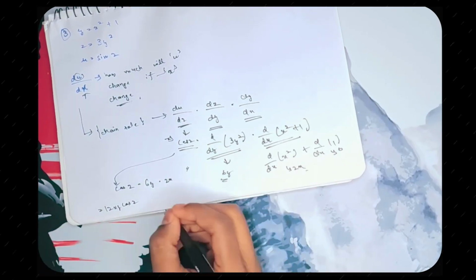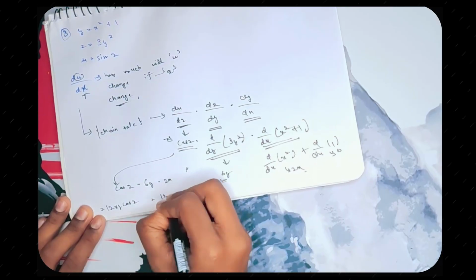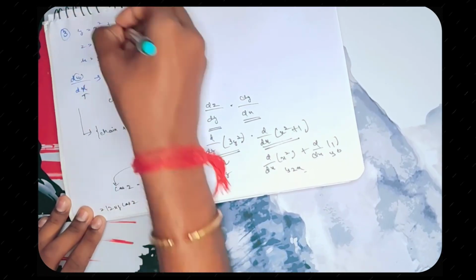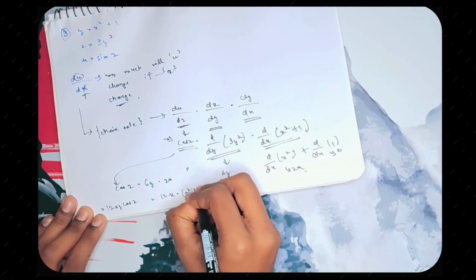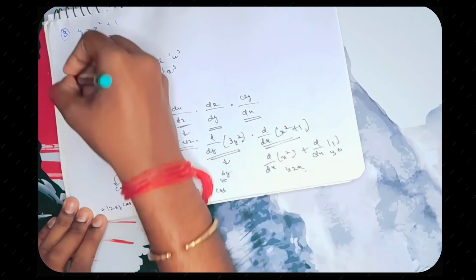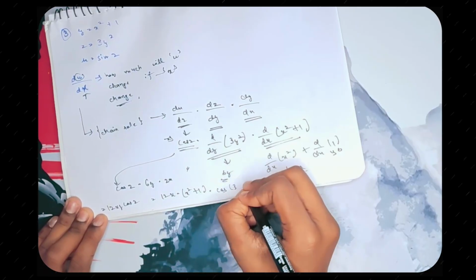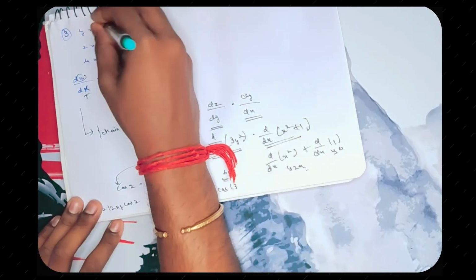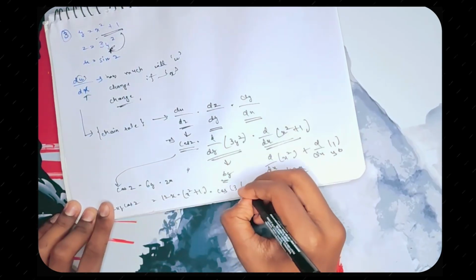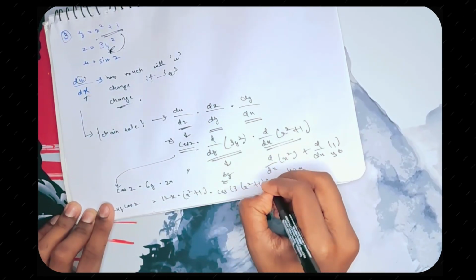It's again simple. Now if you put everything in terms of x, y is x square plus 1, so x square plus 1, and cos z, my z is 3y square, and if I put the value of this over here, it will again become x square plus 1 square.